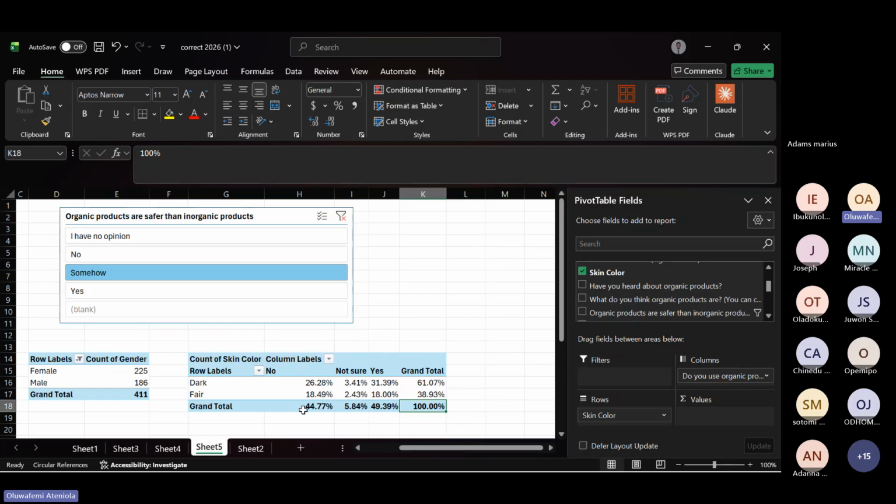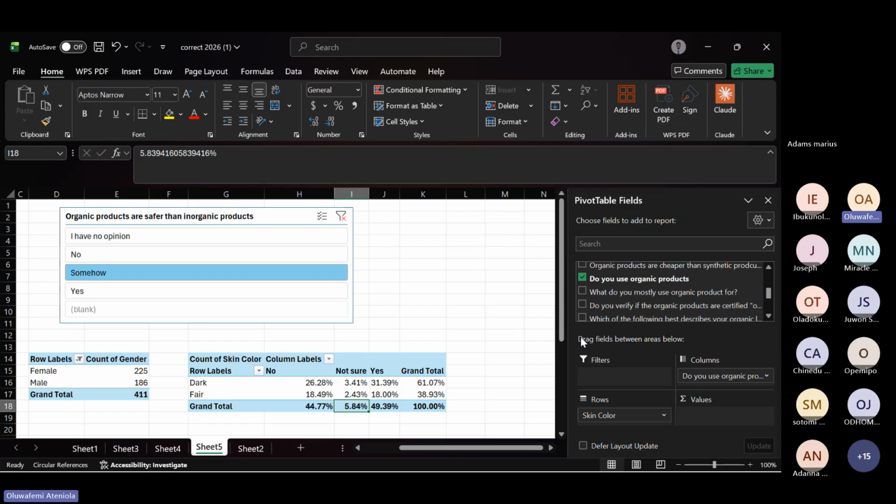So total percentage of 44.77 of them is saying no, they do not use organic products. 5.84% is saying they are not sure about this, according to what the question says. And 49.39% is saying yes, they do. So which means you are dealing with half percentage of your population saying they use organic products, while the remaining 50% of them is saying no, they do not use organic products.